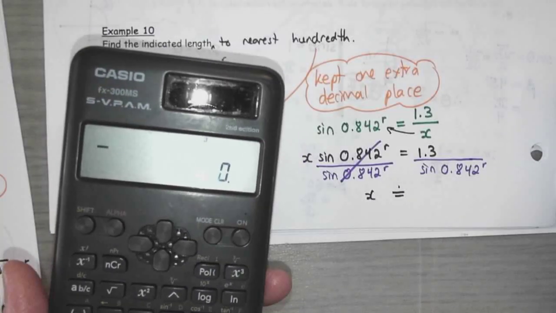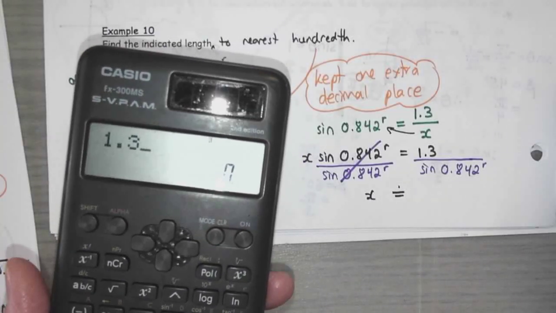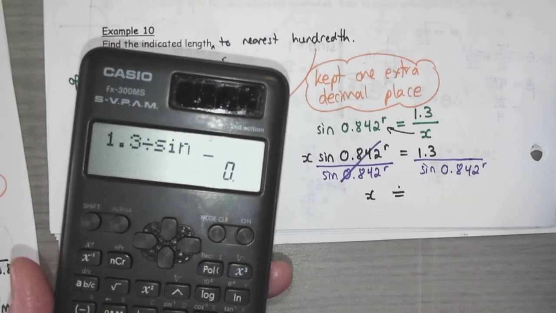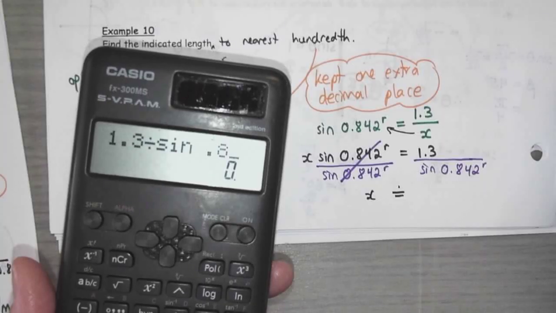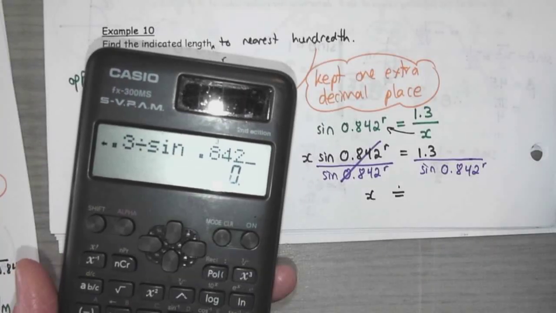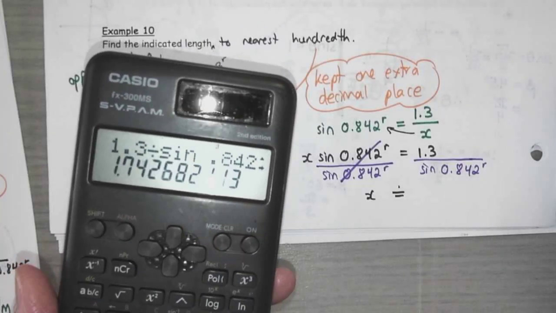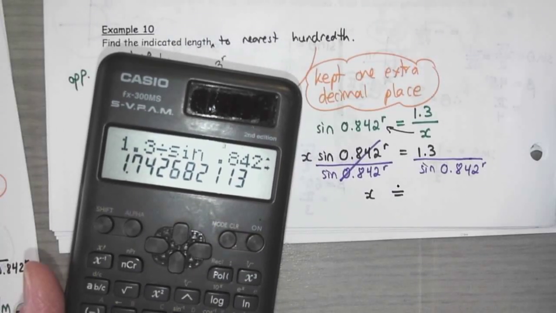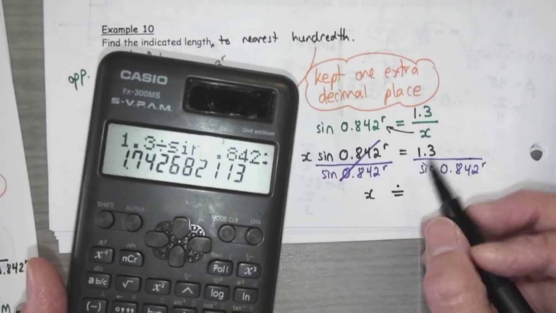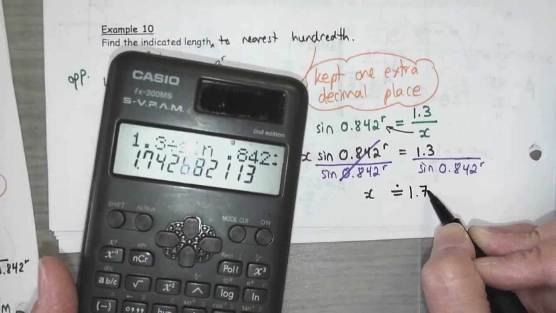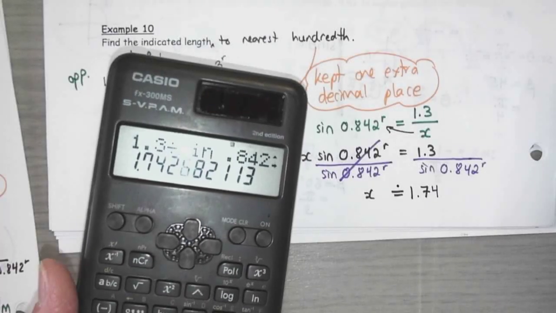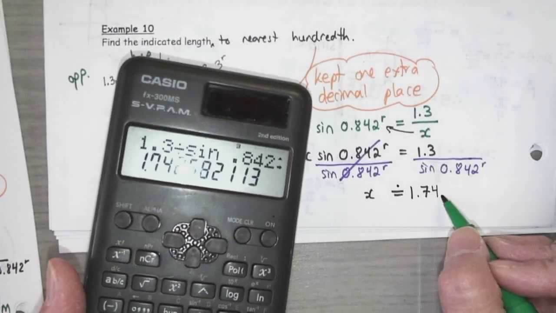Then when you press this in, it'll be 1.3 divided by sine of 0.842, and I'm in radians, equals. Remember, 0.5s always round up. So we're going to go 1.7, and now I'll do 100 because this is my last step. And then make sure you put units if there are any, and it's meters.